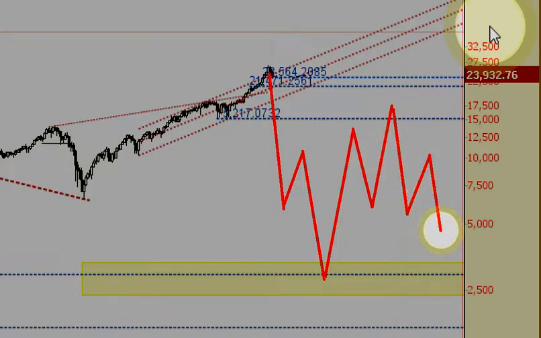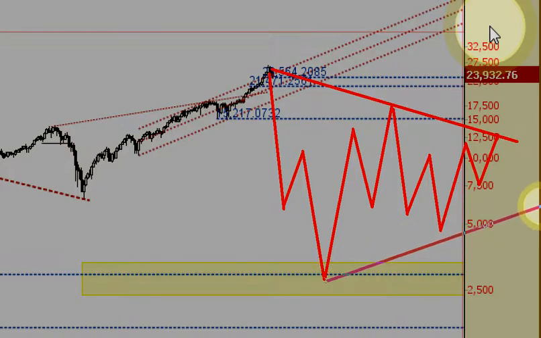Now we got C. We get an A, B, C to there. Now you can see this triangle forming. So you get an A, B, C, D, and then you get a little E, an E down to about there, and then boom, this is the grand supercycle 4, okay?